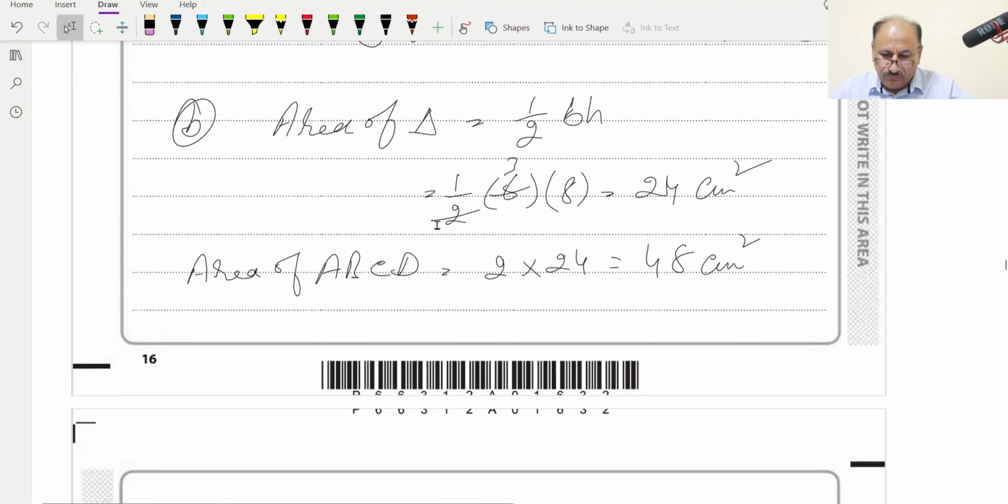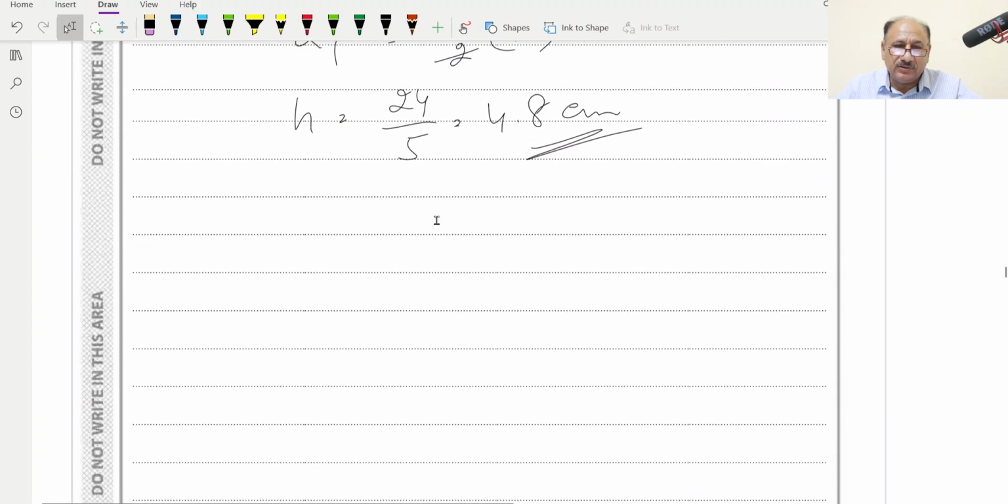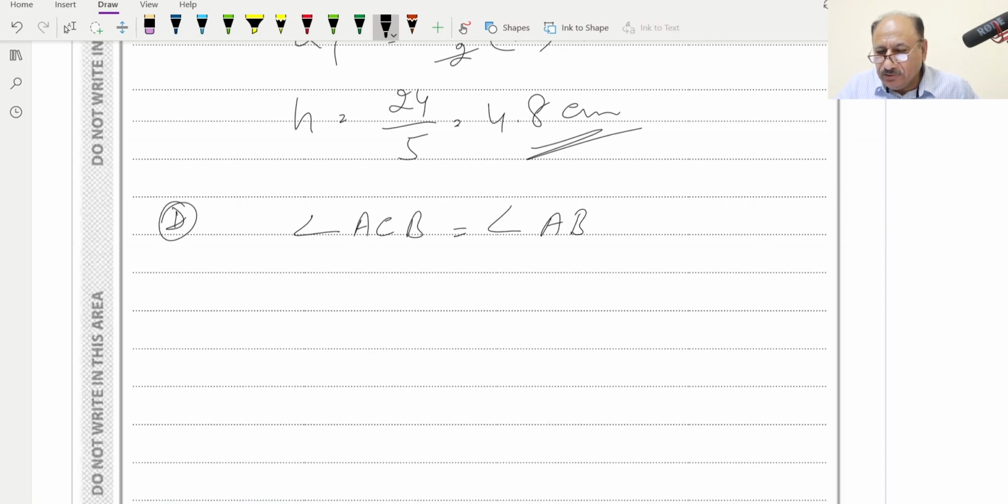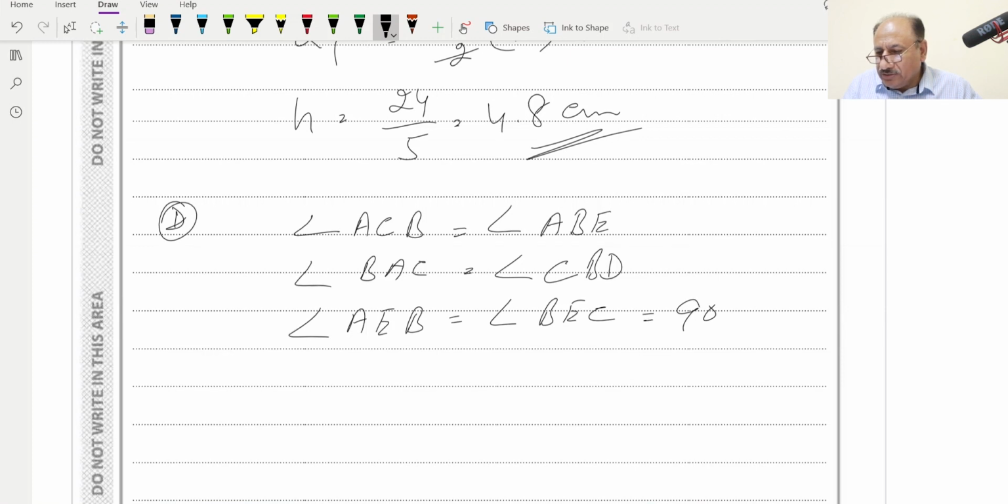This information we will write as our answer for D part. So D part is what? Angle ACB is equal to angle ABE, which we have written, and second one, angle BAC is equal to angle CBD, and the third one, both angles are 90 degree, angle AEB is equal to angle BEC, and these two are 90 degree.